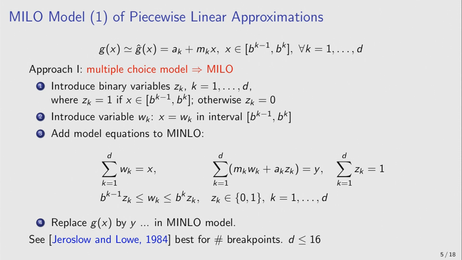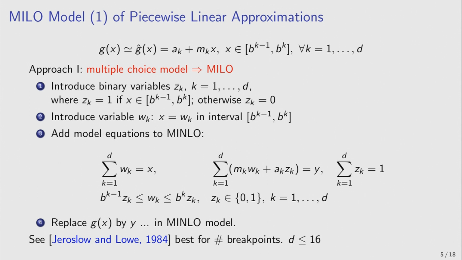So if zk is 0, then the wk will be 0. If zk is 1, then wk lies between these two intervals. And because this is a special ordered set of type 1, our old friend, that means there's only one wk which will be non-zero. All the other ones are going to be 0. So x is going to be the sum of these wk's.